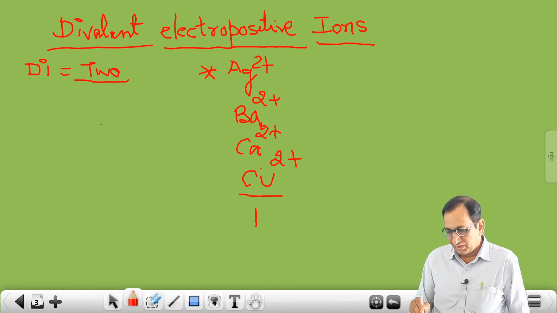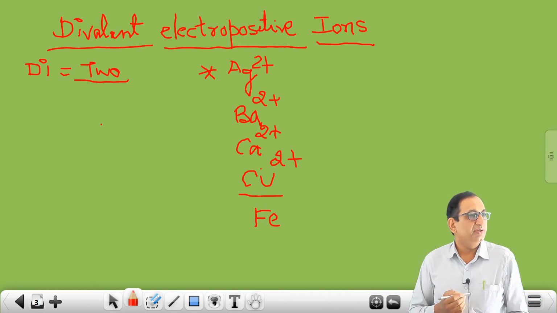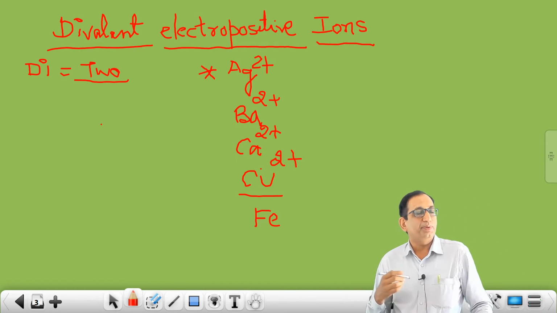Next students, iron, Fe. Iron has got variations in valency: plus 1, plus 2, plus 3.